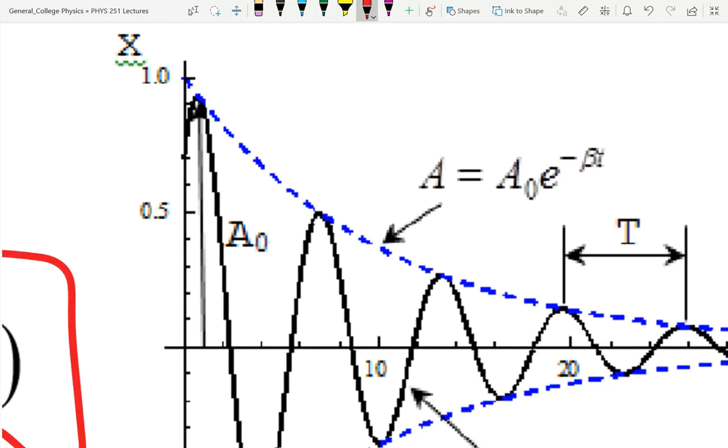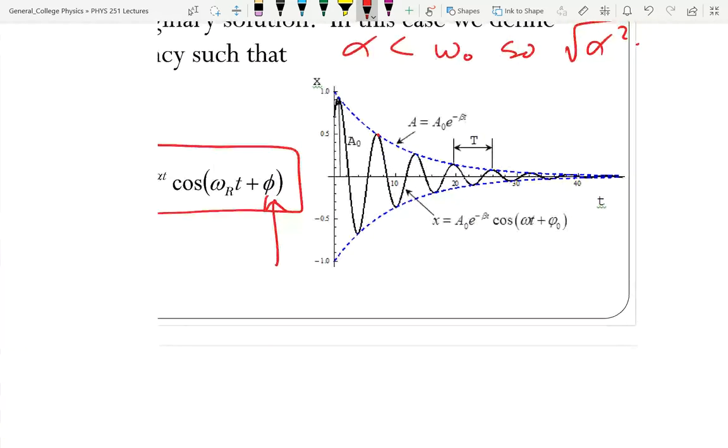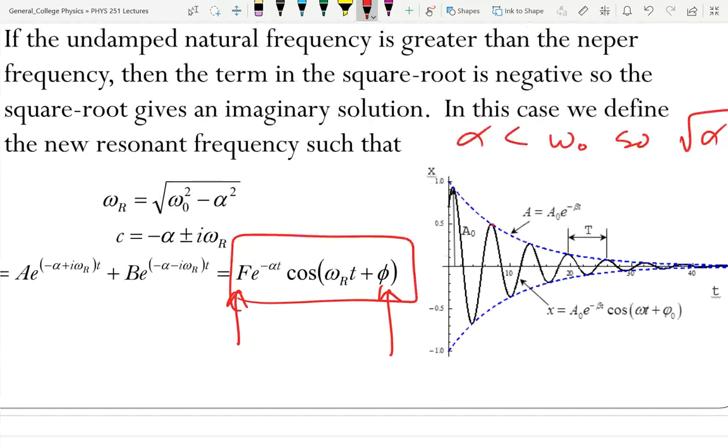If you are really careful, which is virtually impossible to be, you find that the point where your sinusoid is touching the envelope of the attenuation is at the highest point of your sinusoid function, but not at the highest point that your total function reaches because of the attenuation. So it's a little bit off, but we won't worry about that for our level of class. The important thing is you now have an oscillation that is dying out.